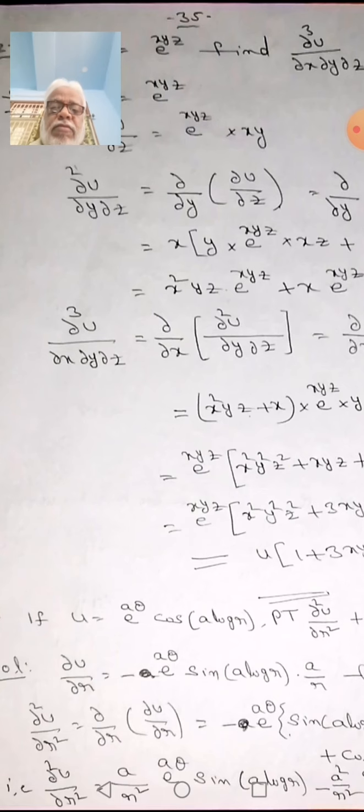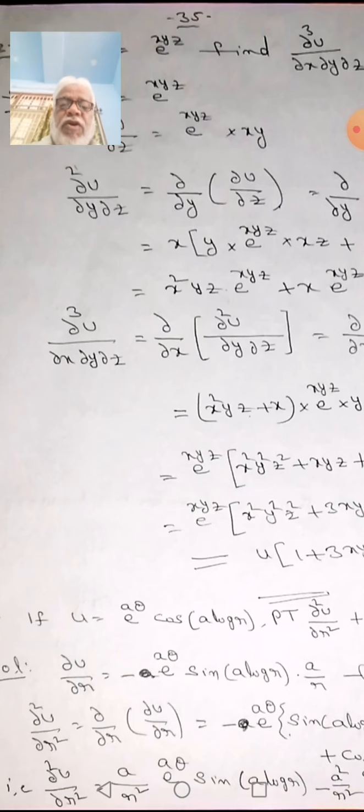Dou u by dou r is minus e power a theta sin of a log r into a by r. Why minus? Because the derivative of cos x is minus sin x. We write the derivative only for r, and except r, all terms are treated as a constant, whatever it may be, theta or a.